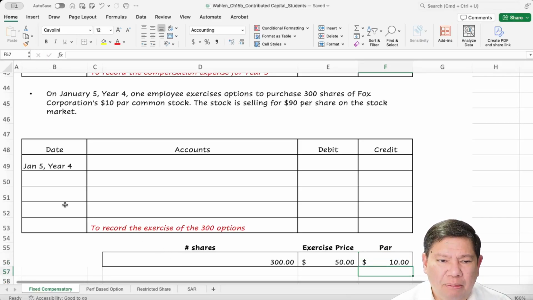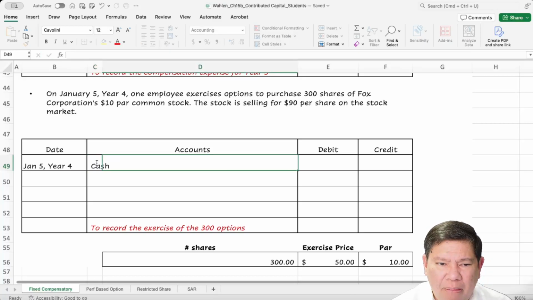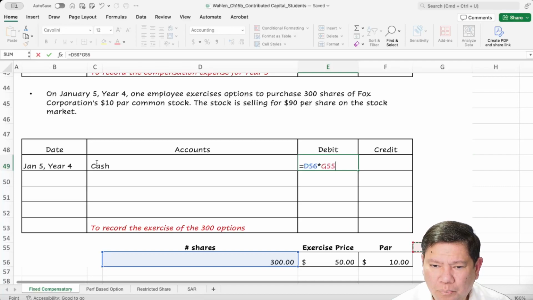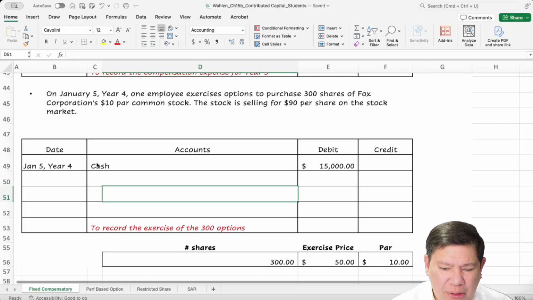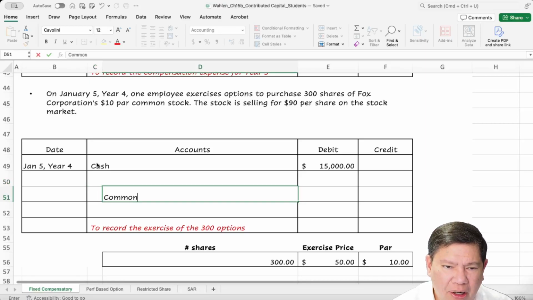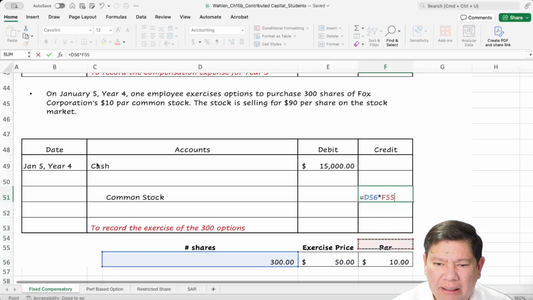So that's the information. The company is going to get cash from the employee exercising the options, which is 300 shares times 50. And then the company is going to issue common stock at par value, so it equals 300 shares times 10.